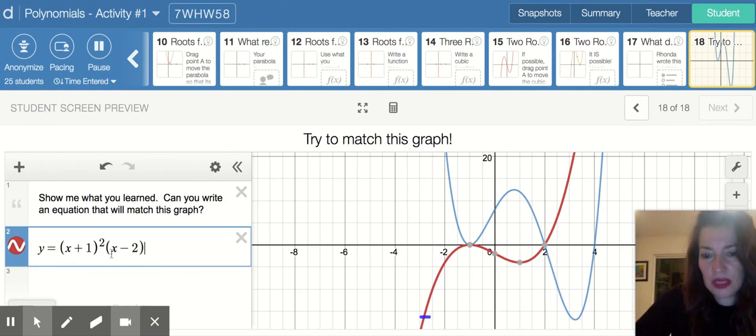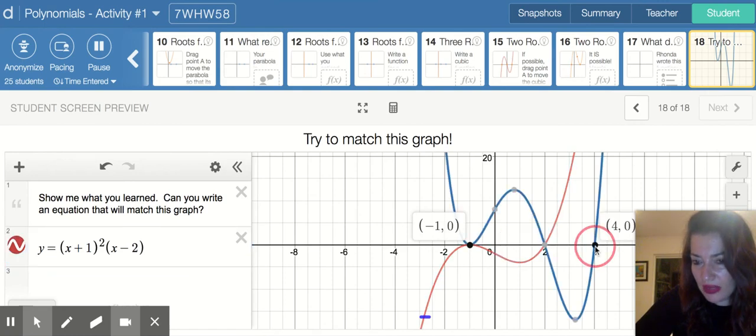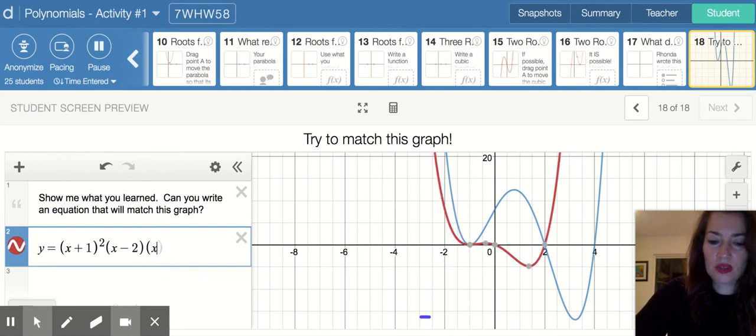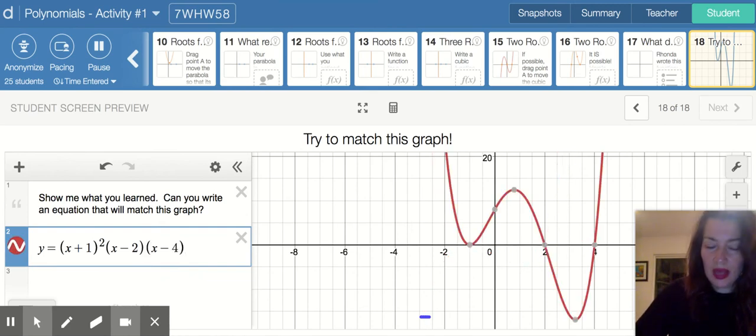You can already see some type of graph forming here. The red graph shows you right now I have a cubic function that bounces off -1 and then goes through 2. But there is one more intercept, and that intercept is at 4. So I'm going to go ahead and multiply that by x minus 4. And you can see that the graph overlaps this equation, so that matches.